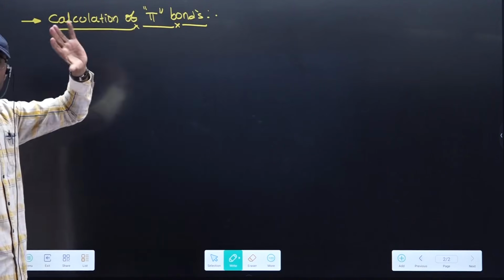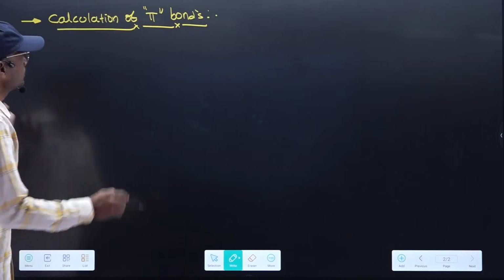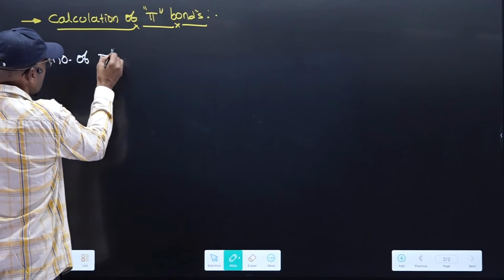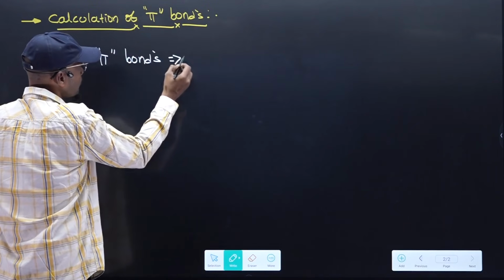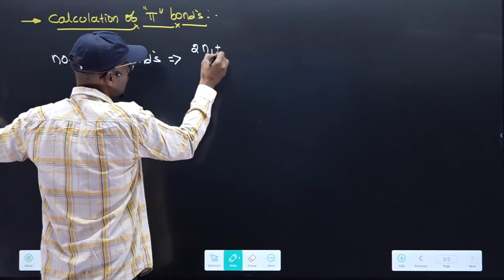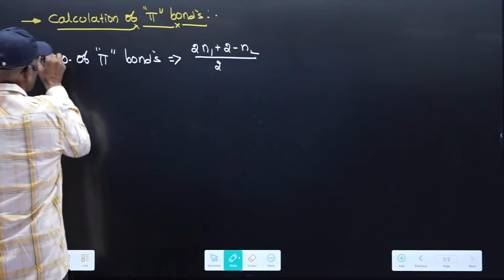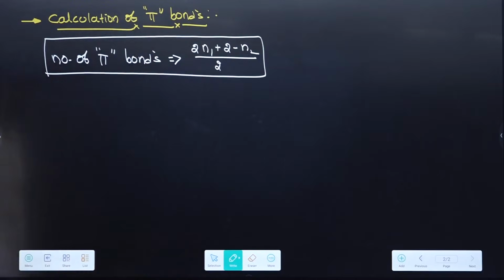If I give any molecular formula, apply only for open chain, don't apply for rings. Okay, so this formula already revealed. Number of pi bonds is equal to (2n1 plus 2 minus n2) by 2. This is the formula.